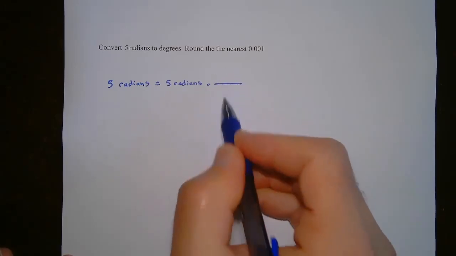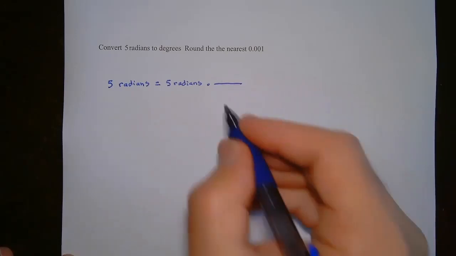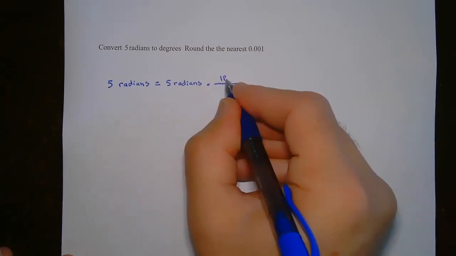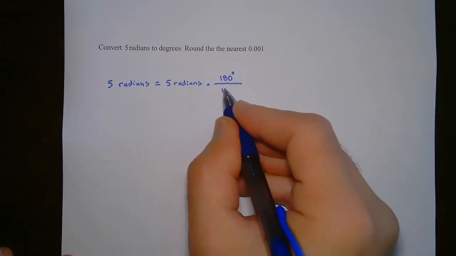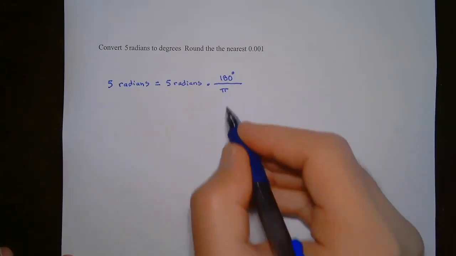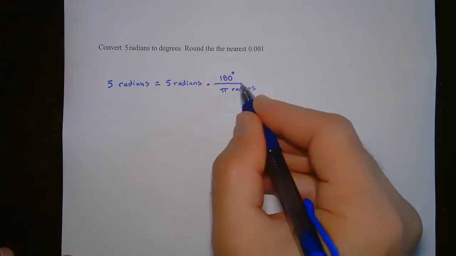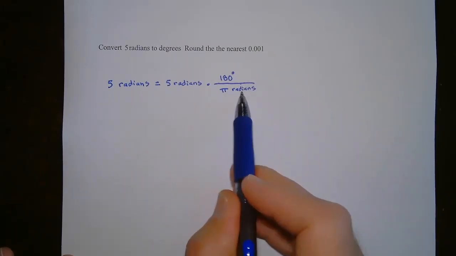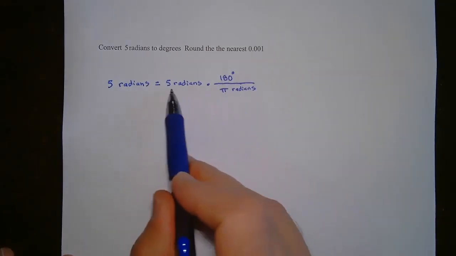Well, do I know a conversion? Yes, you should know a conversion at this point. 180 degrees and pi radians are equivalent. So this is going to be 180 degrees on top over pi radians. Pi radians and 180 degrees are the same thing, so that's my conversion. I am multiplying by 5 radians.